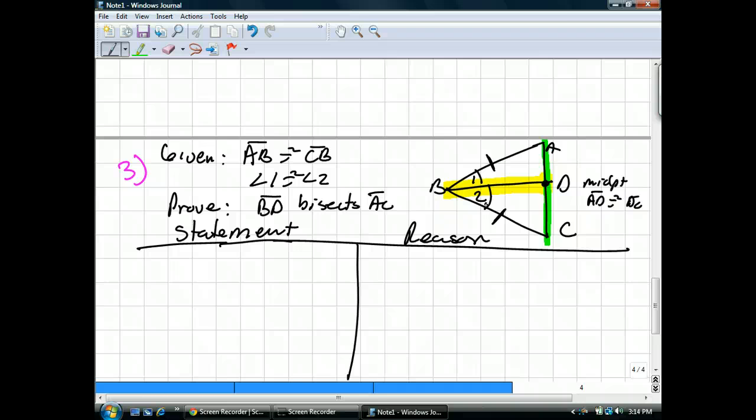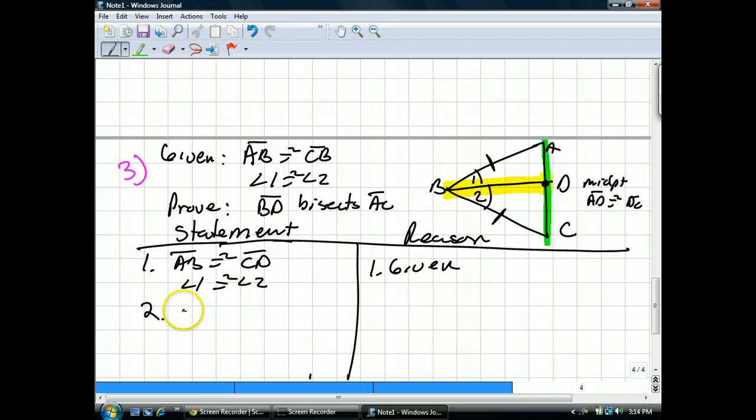Can I get another side of angle 1 congruent to another side of angle 2? Yes, we can do that by reflexive property. So number 1, AB is congruent to segment CB, and angle 1 is congruent to angle 2. You can say all that because it's given.